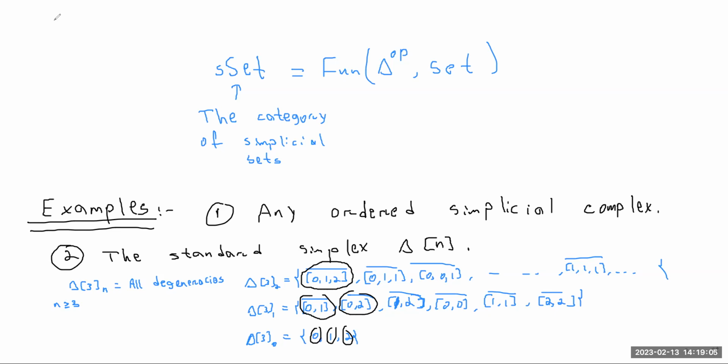Actually, you can do this. Take any sigma, and call this f of sigma. This will be a simplicial set. So what is the n place? In the n place, you take the simplicial complex of it.